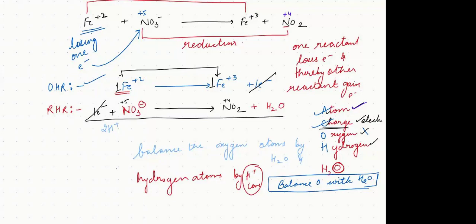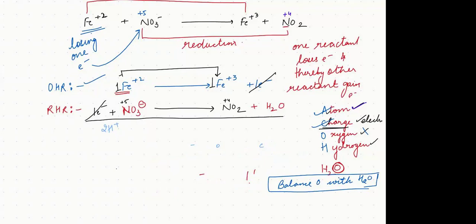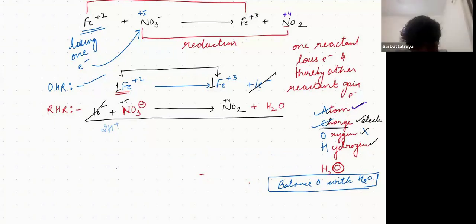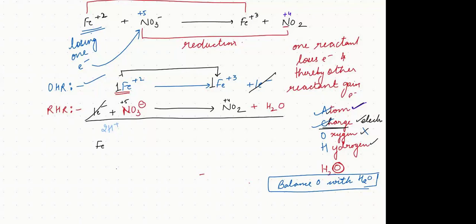So my final equation is, once you add the oxidation half reaction and the reduction half reaction, you get Fe plus 2 plus NO3 negative plus 2H plus giving Fe plus 3 plus NO2 plus water.